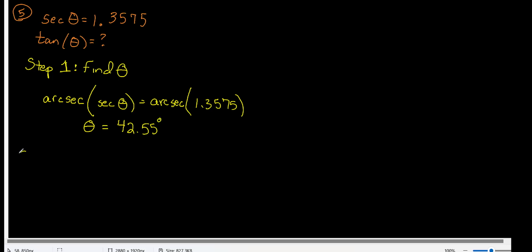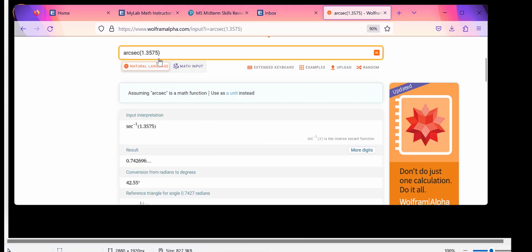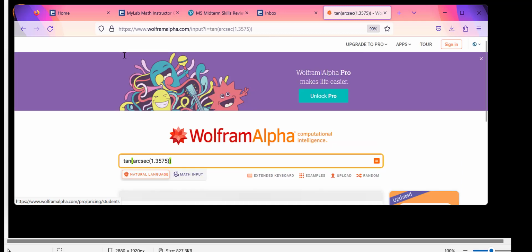And then step 2, now that we have the angle for theta, is we need to take tangent of that. And so, arc secant of 1.3575 is this angle. We could get really tricky and just put tangent around all of this, because that will preserve all the digits of precision.